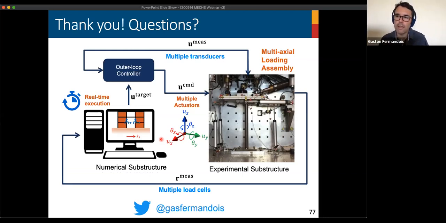And also, one thing that I think Kristen mentioned, I explained before that specimen interaction is quite important. And you can see that for a soft specimen, probably the interaction is not too large. Stiff specimens will create a lot of dynamic coupling. So if you want to have a good assessment of the dynamics that you want to compensate, you need to install the specimen and include the interaction of the specimen in your system identification procedure.